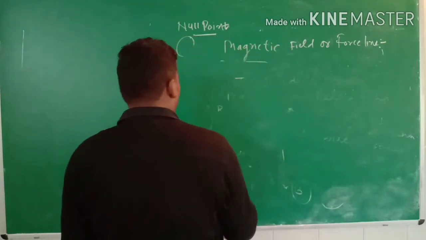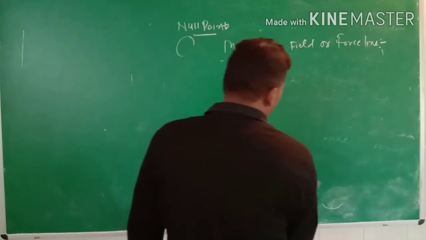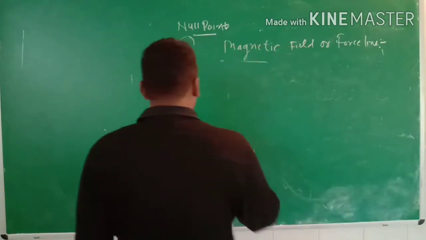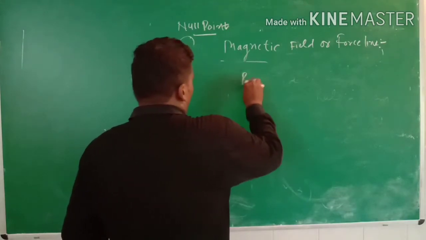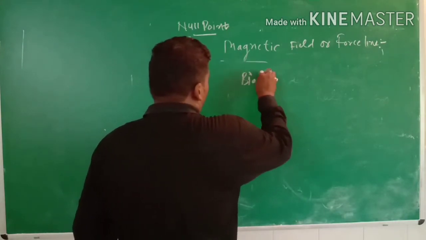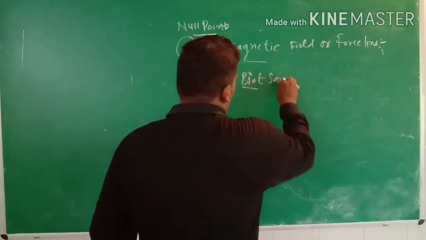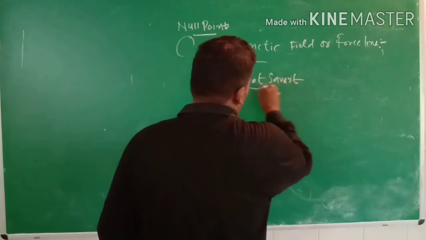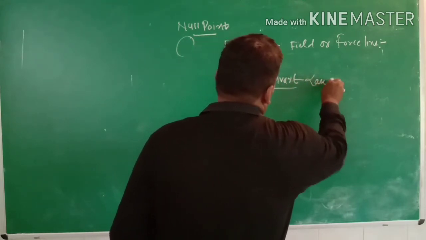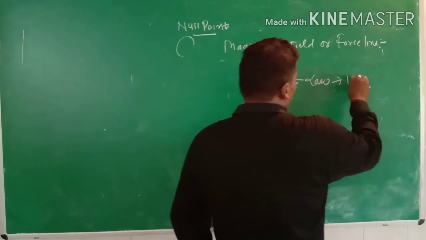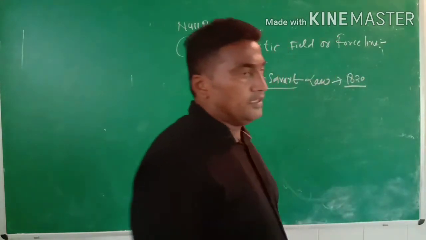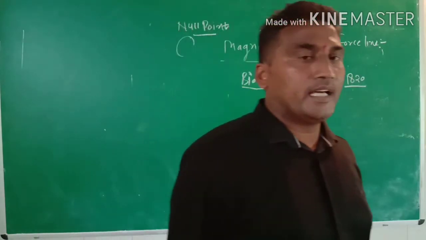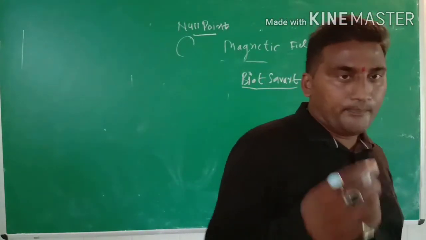another important law of the magnetic effect of a coil, that was the Biot-Savart law. In 1820, Biot and Savart described the law, which is generally used for any current carrying conductor such as a bent wire.